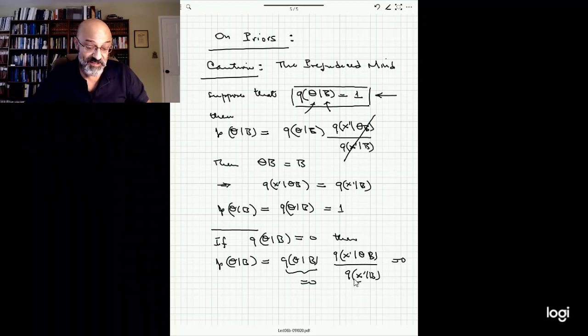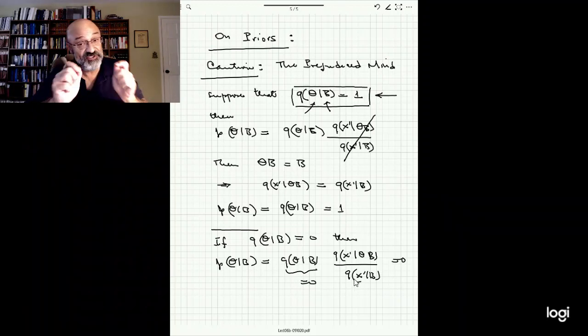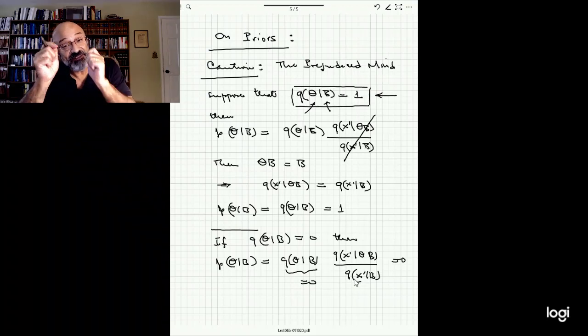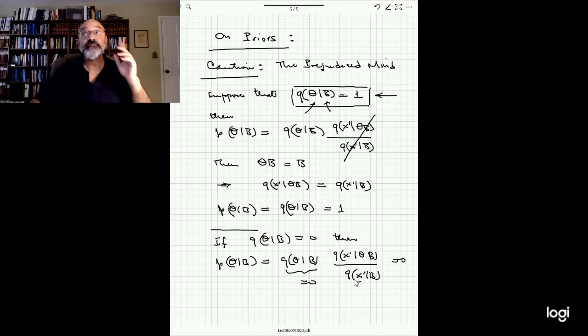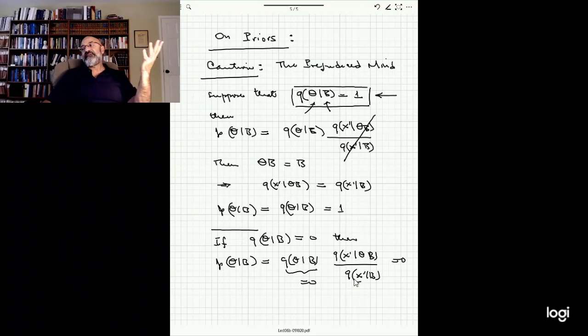So this is a cautionary remark, right? The Surgeon General advises you do not assign complete certainty to your beliefs. Of course, should you stop believing that 2 plus 2 equals 4? No, under those circumstances, you're okay.